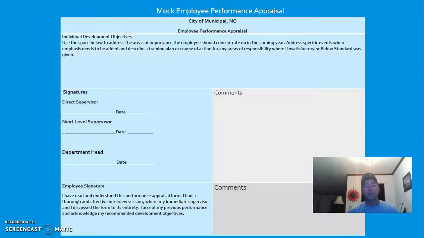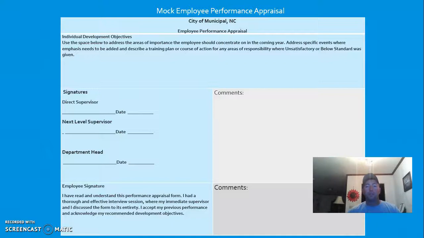After the interview process, a number of signatures are needed on the document for documentation purposes. The signatures simply state that employees read and understand the performance appraisal, had a thorough and effective interview session where the immediate supervisor and employee discussed the form in its entirety.